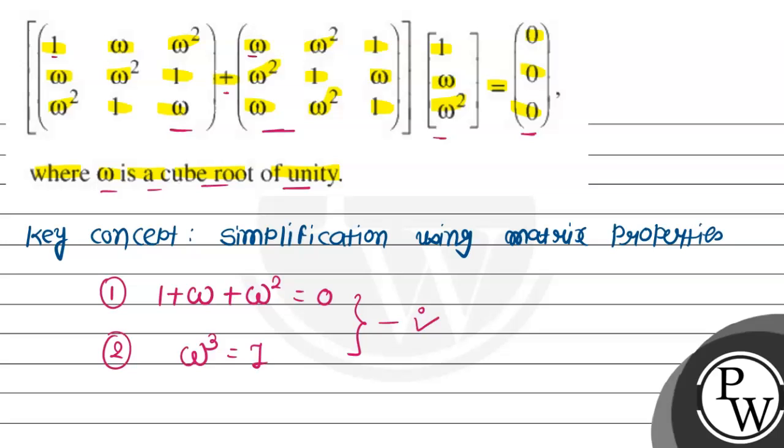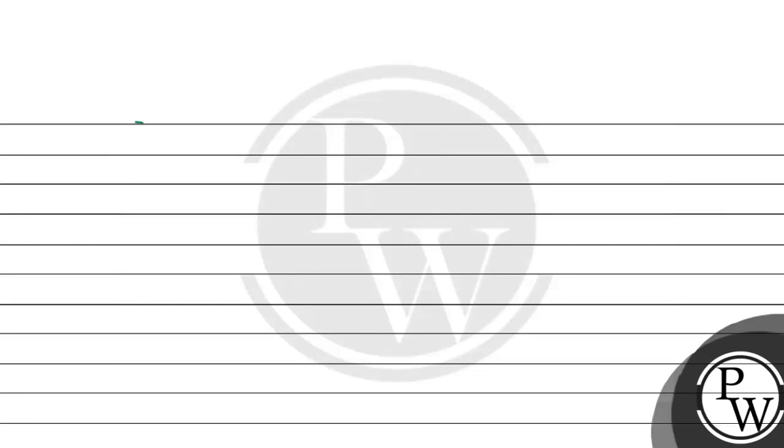So 1 plus omega plus omega square plus 1. In this way, we will get first row 1 plus omega, plus omega square, plus 1.